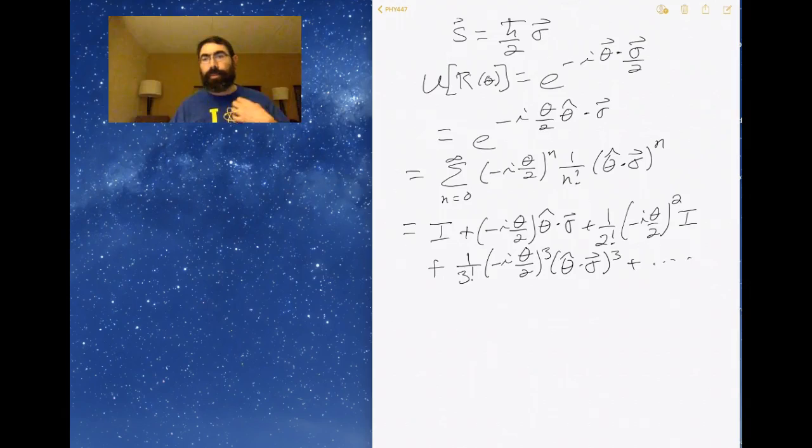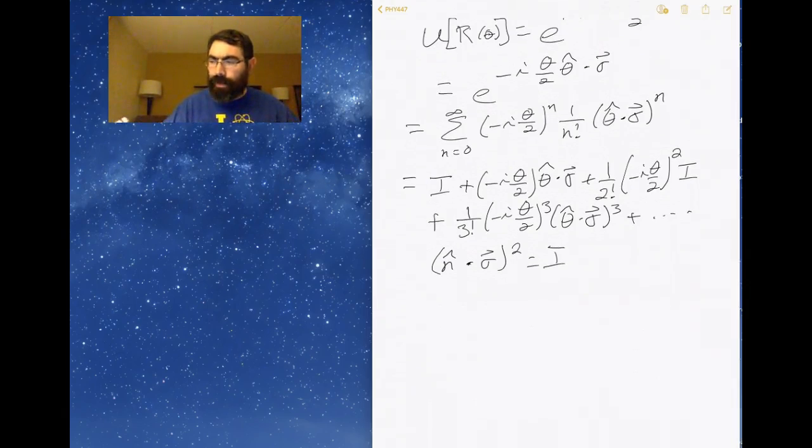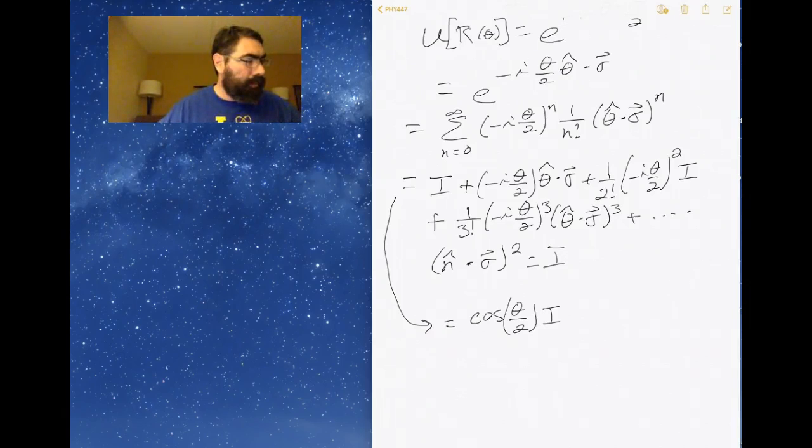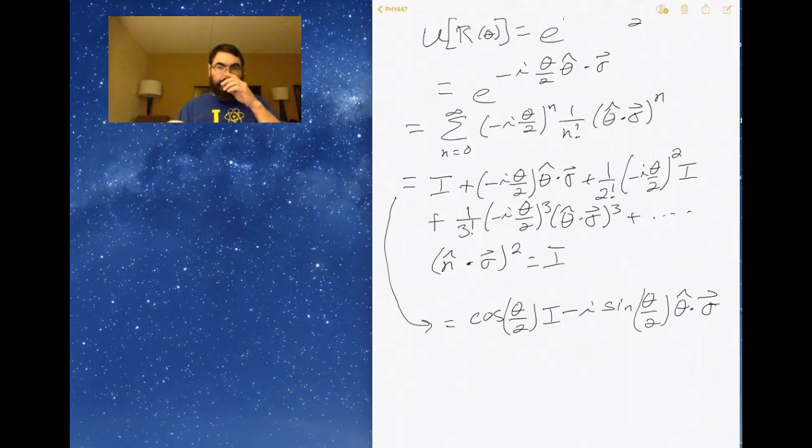In the even terms, I put the identity because of the property of the Pauli matrices that n dot sigma squared is equal to the identity. Therefore I can group terms and come up with cosine theta over 2 times the identity minus i sine theta over 2 times theta hat dot sigma.